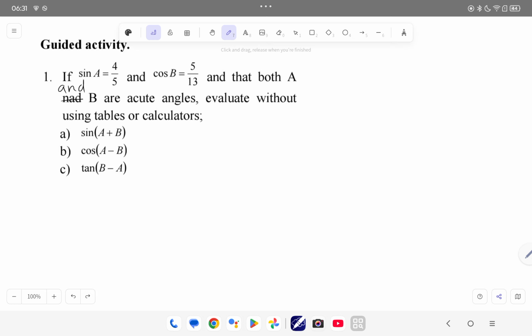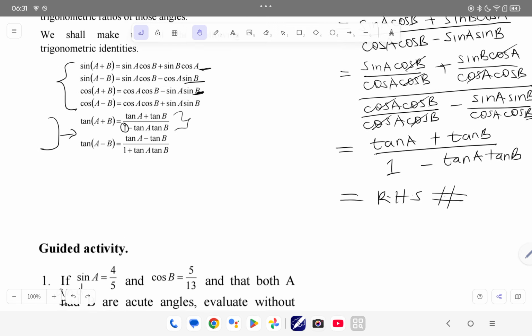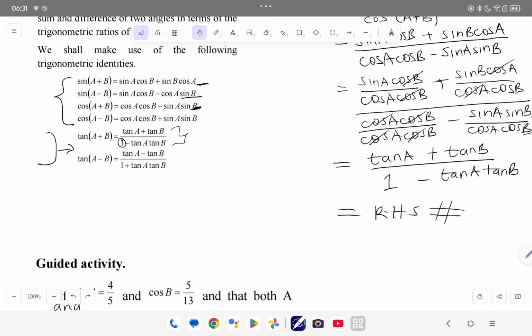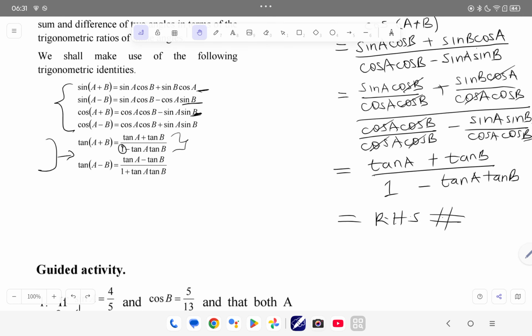Now, when we expand sin(A plus B), cos(A minus B), and tan(B minus A), using what we have just previously seen up here, you will discover that it will result in singular trigonometric ratios of angles A and B. What does this mean?